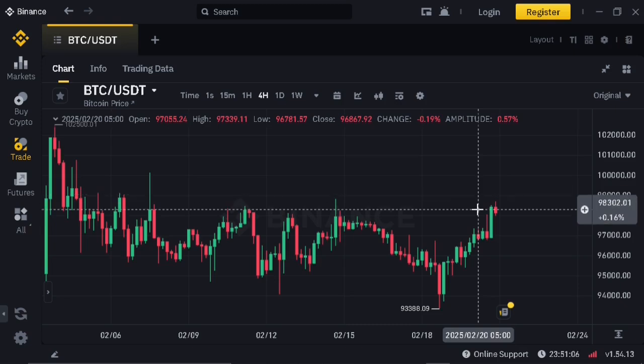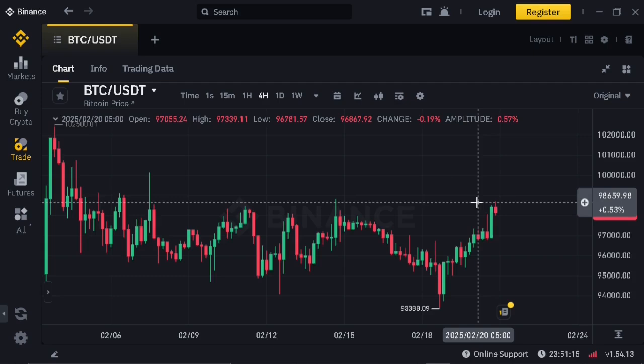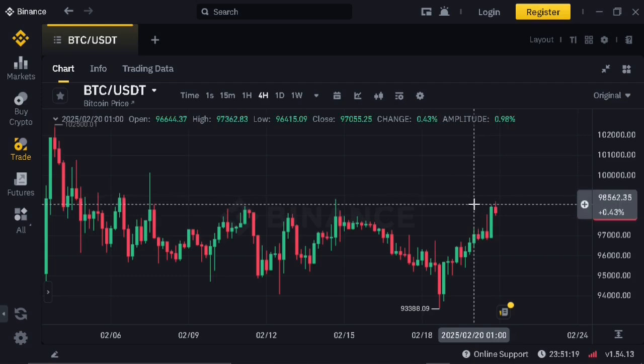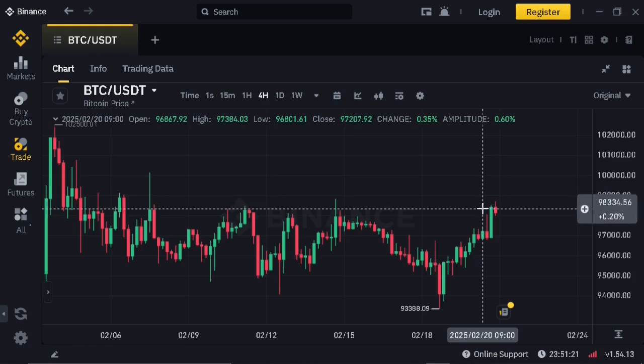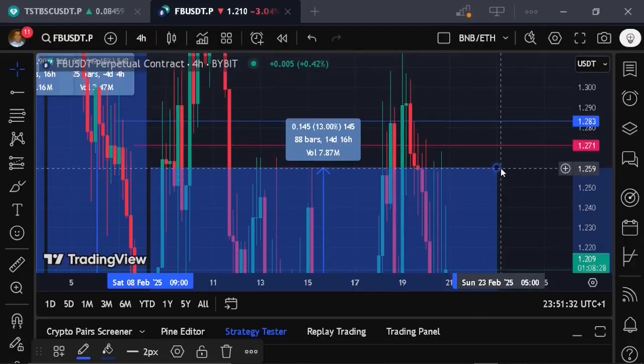But as you can see, the latest 4 hours candlestick of the BTC USDT cryptocurrency is convincingly trading in a red candlestick. And that means you have to wait for the latest 4 hours candlestick of the BTC USDT cryptocurrency to be convincingly traded in a green candlestick before you can open a long trade position for this particular cryptocurrency.